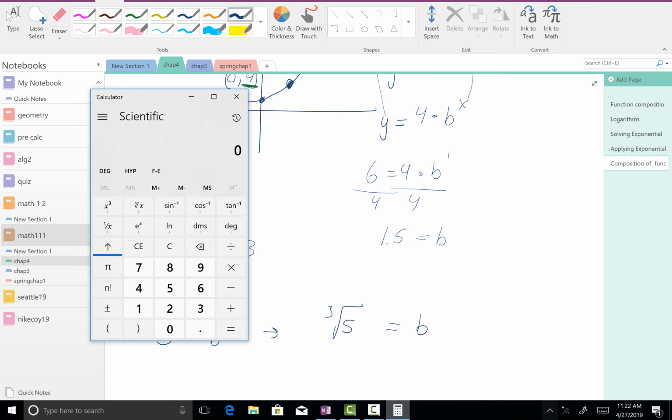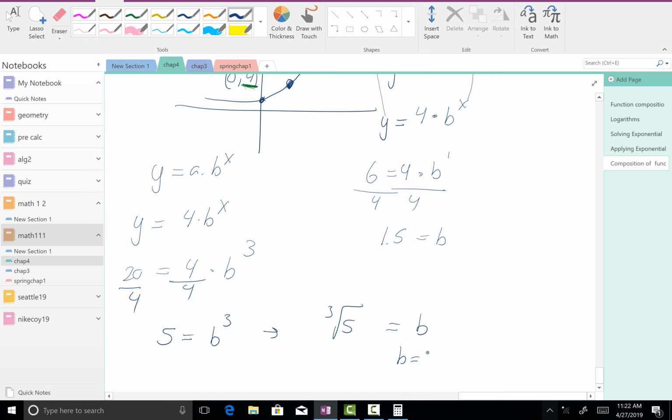There it is right there. Let's see. Nope. It might be 1 point... I'm not sure exactly how that works on that calculator.